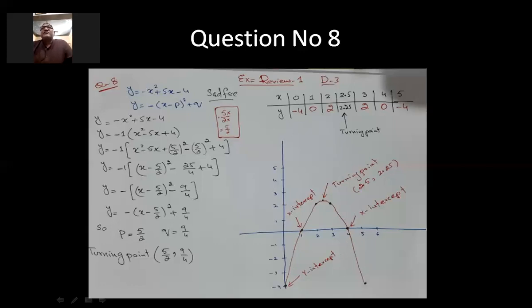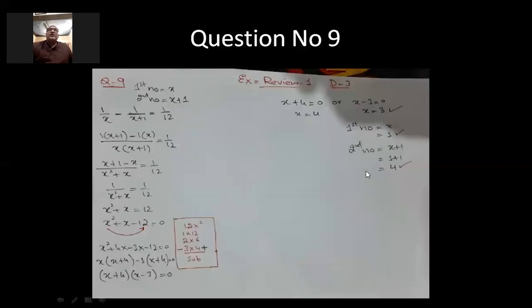Its turning point is 2.5, 2.25. Its x-intercepts are minus 1, 0 and 4, 0. Its y-intercept is 0, minus 4. So this is how you will draw the graph of question number 8. Hopefully you have understood. This was question number 8. You only have to sketch the graph.